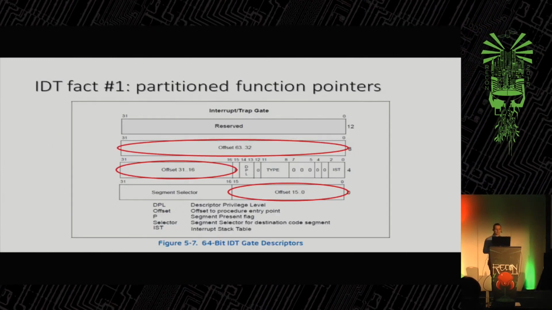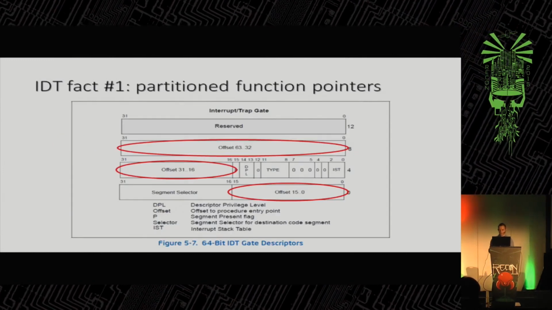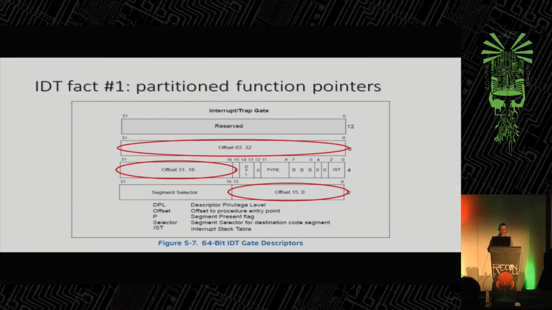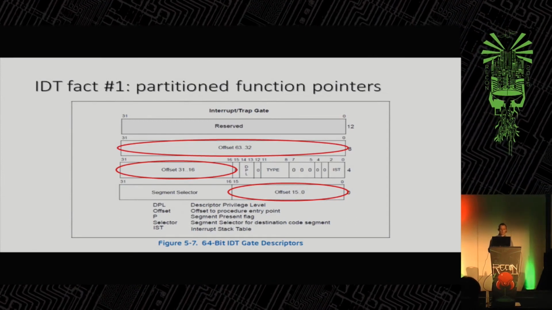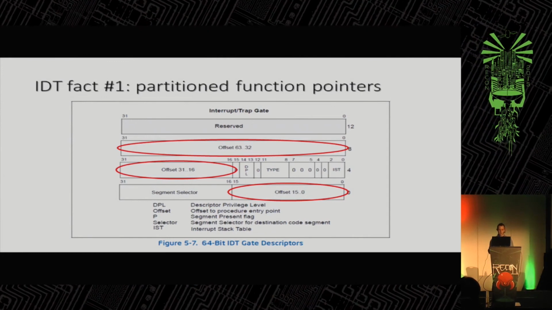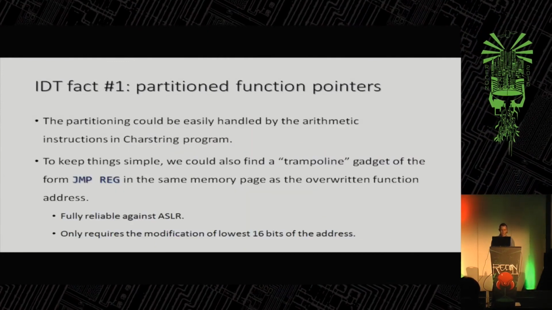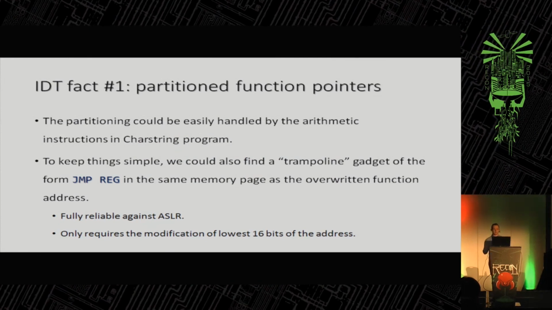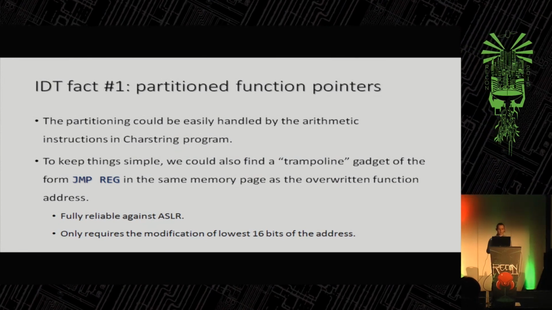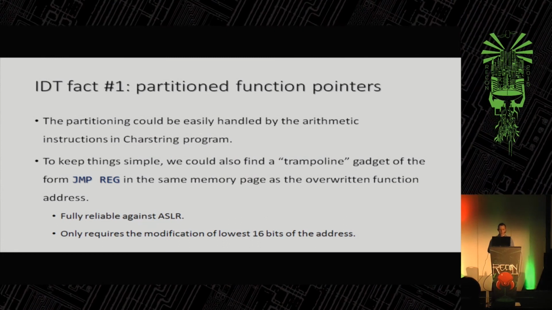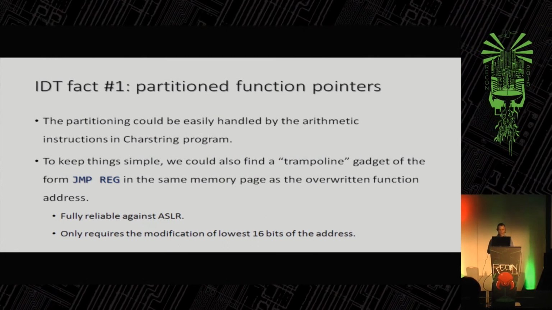One other problem that we have to consider is that the function pointers are actually partitioned inside of the structure. It's not just a 64-bit function pointer, but it's spread inside of the structure. We could deal with this using the arithmetic instructions of the charstring program, because, why not? It makes it possible for us to do this.